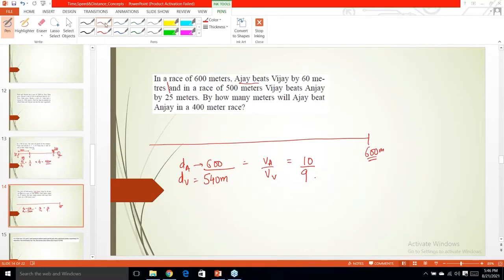Okay, now let's read further from here. In a race of 500 meters, Vijay beats a third person, Anjay, by 25 meters. So this is a 500 meter race, and this was the race between Ajay and Vijay. Now this is the race between Vijay and Anjay.